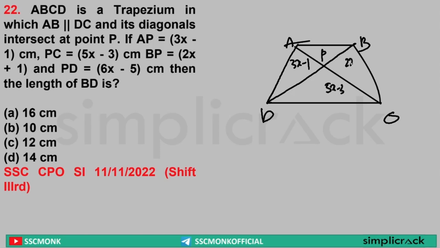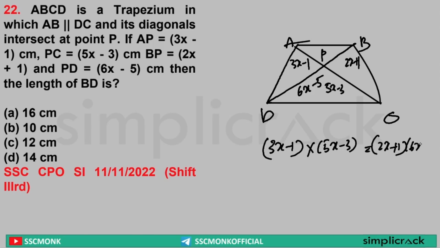BP is equal to 2x plus 1. PD is equal to 6x minus 5. Now if you cross multiply each other, you will get the answer. So 3x minus 1 into 5x minus 3 is equal to 2x plus 1 into 6x minus 5. So if you solve it, you will get the answer. So this is a homework for all of you.